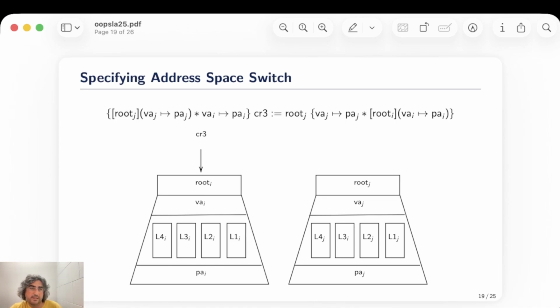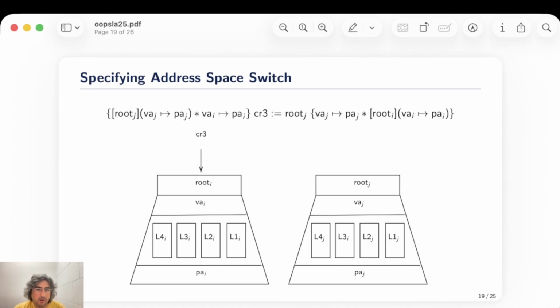So it's a neat, clean specification of an address space switch, but I think it's worth highlighting some of the subtle aspects in this specification. We have the resource-context duality here. What I mean is that we have two address spaces mentioned in this specification: either the current one or the one to be loaded into the control register.